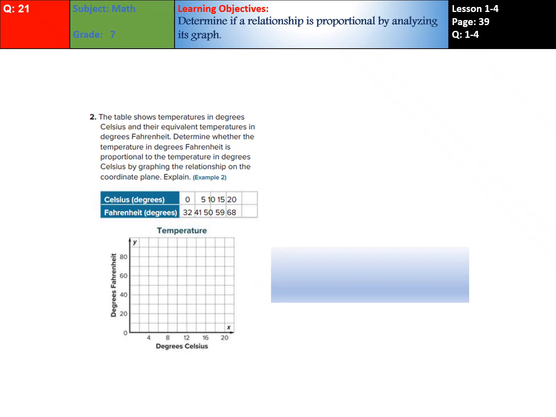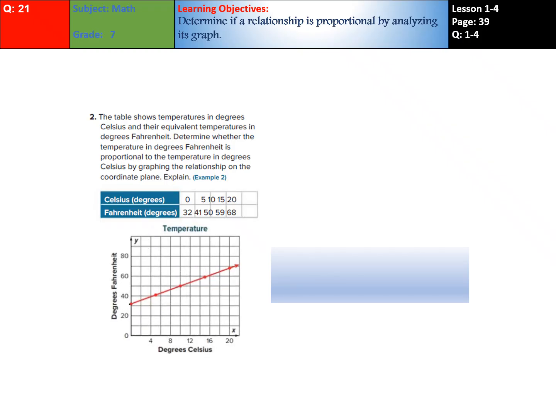The table shows the temperature in degrees. Again, we have to check. At 0 it is 32, 5 is 41, 10 is 50, 15 is 59, 20 is 68. So let's graph them. At 0 it is 32, so it will be here. Then at 5 it is 41, and continue.